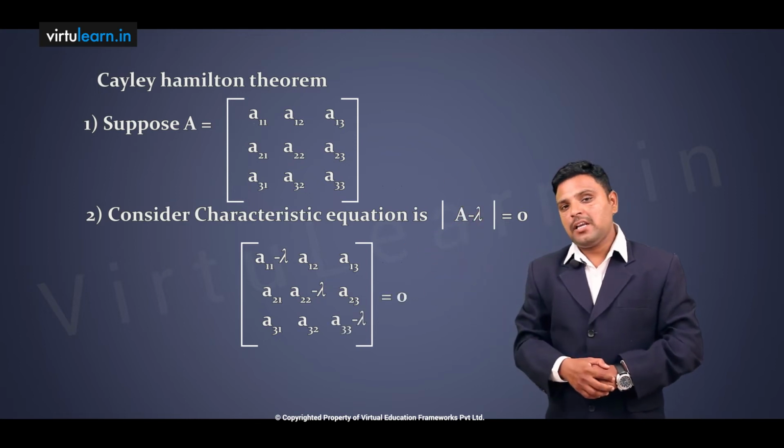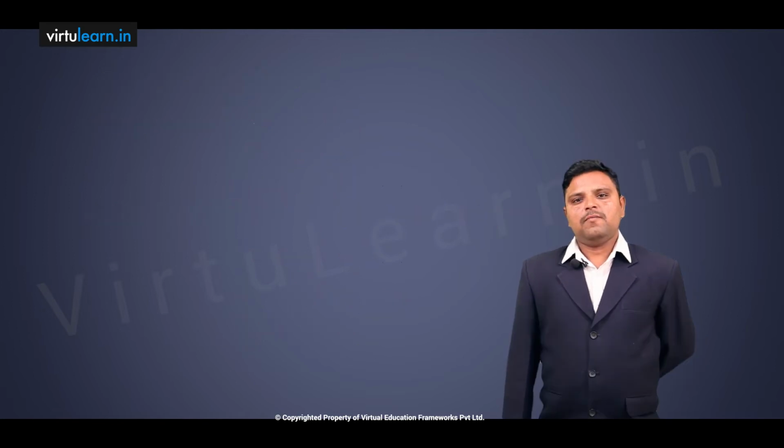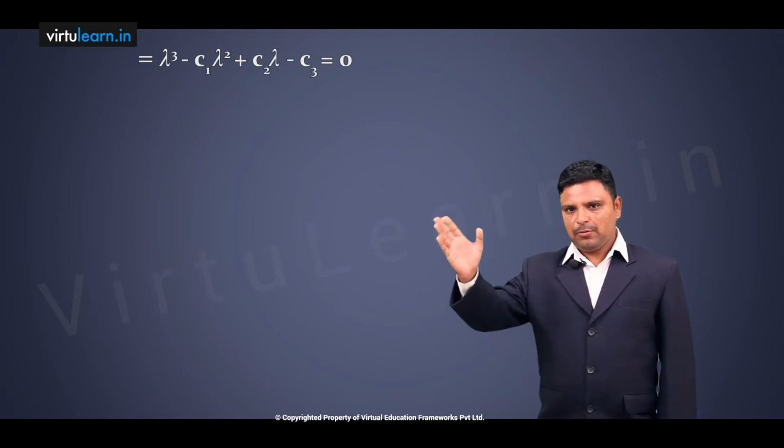Now again you expand this determinant by using the formula: lambda cube minus C1 lambda square plus C2 lambda minus C3 equal to 0.